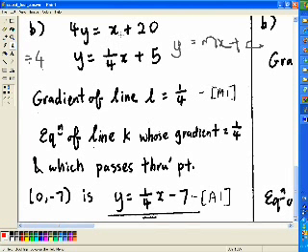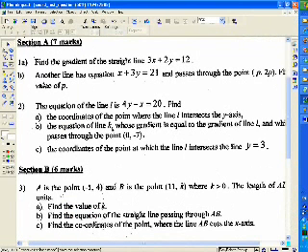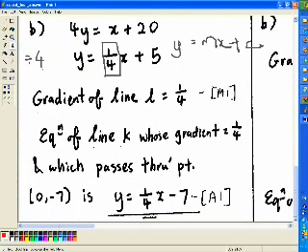This is actually 1x, that's why it becomes 1/4. 20 divided by 4, we get 5. Therefore, from this, we know that the gradient is 1/4. Since the question says the gradient of line k is equal to the gradient of line L, therefore line k has the same gradient, which is 1/4.